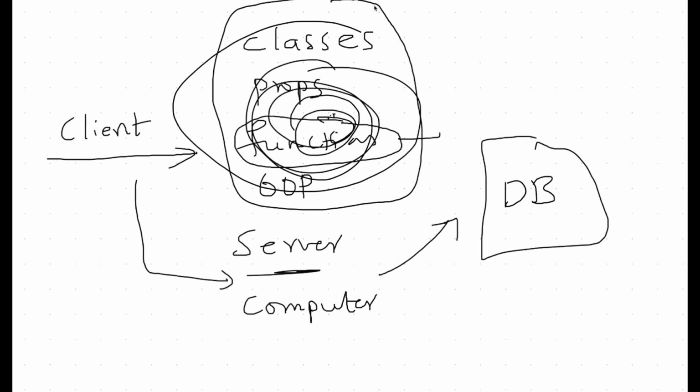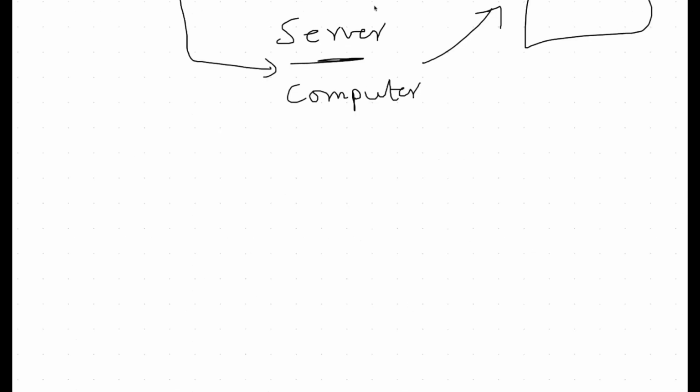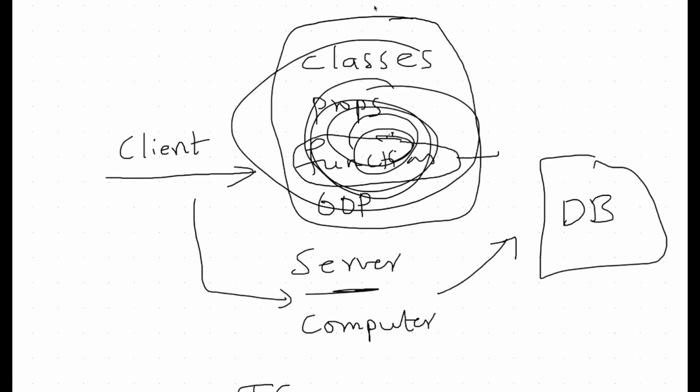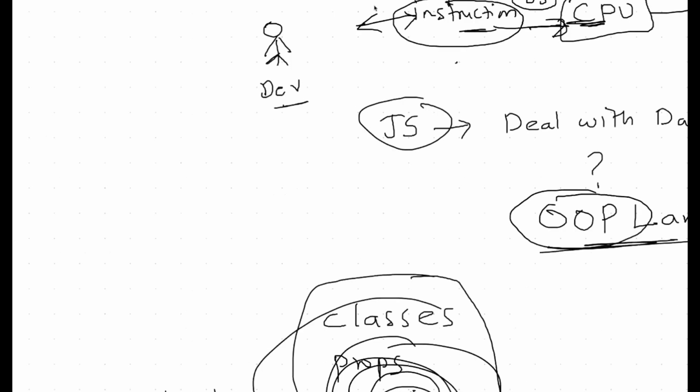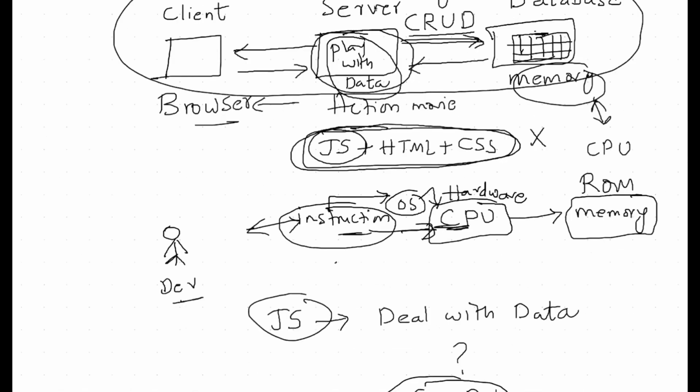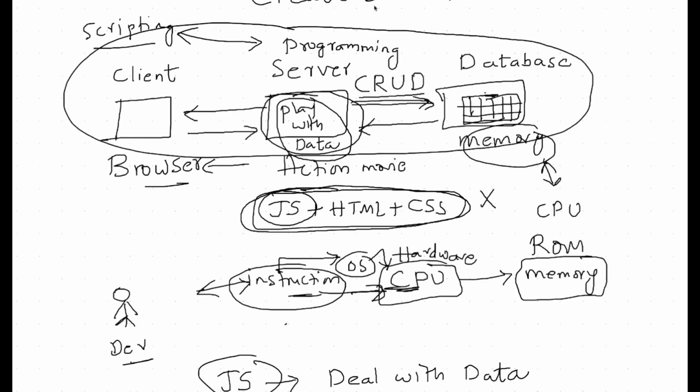You write your object-oriented JavaScript in the server. Okay. So now there are two versions of JS. And again, as we are talking about classes and all this code, it's not that you should be using JavaScript only to build your server. There are multiple options. Java itself is one of the biggest options.